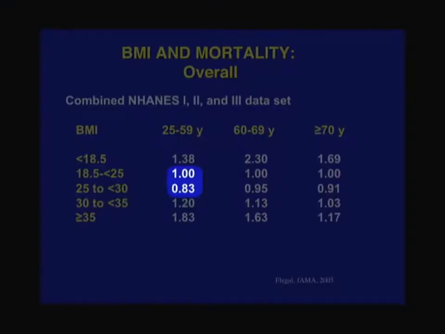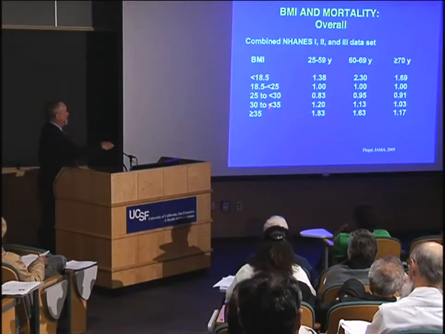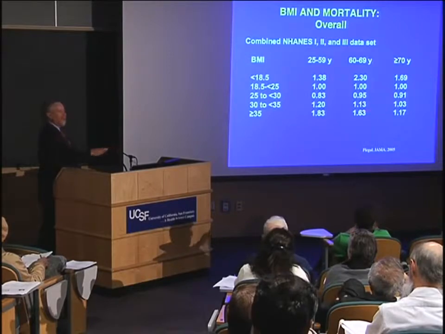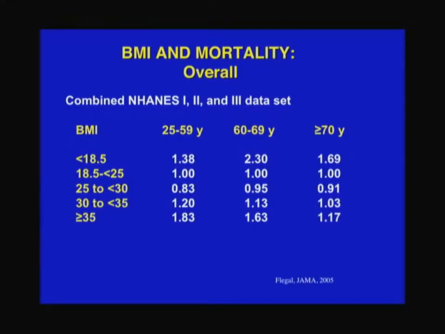And like I said, since 2005, there have been another half dozen data sets that have shown basically the same thing. And so this suggests that in that J-shaped curve, right, that in fact the middle part is even, if you'll excuse the expression, wider than we thought before. That is to say that weights between 18 and 30 all seem to be associated with good outcomes in the average person.